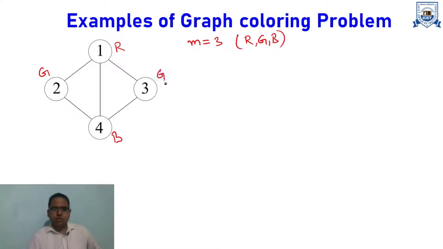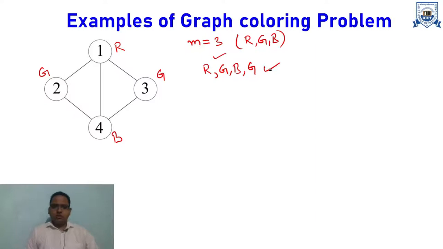Here you can see no two adjacent vertices have the same color. So with the help of 3 colors we have colored the graph: red for vertex 1, green for vertex 2, blue for vertex 4, and green for vertex 3. This is our solution. Like this we can have many solutions.